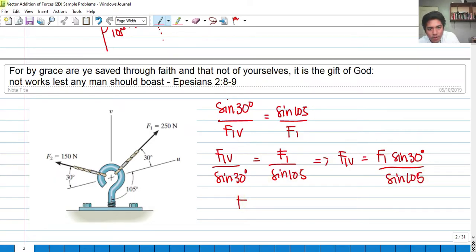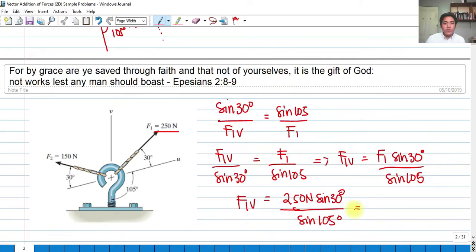And our F1v is equal now to 250 newtons sine 30 degrees over sine 105 degrees. So we are going to solve that. Make sure that your calculator is in degree mode, not in radians. We would find out that our solution is 129 newtons.